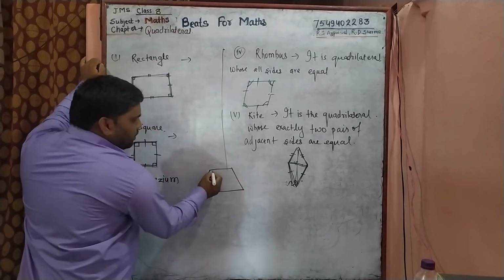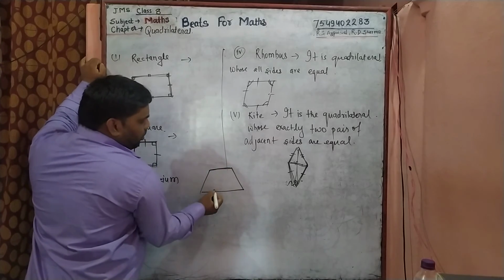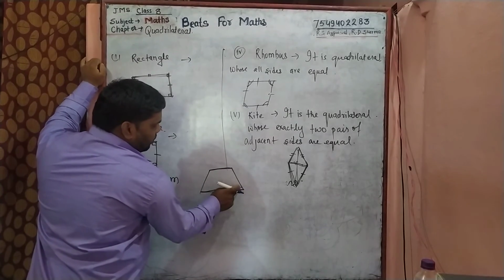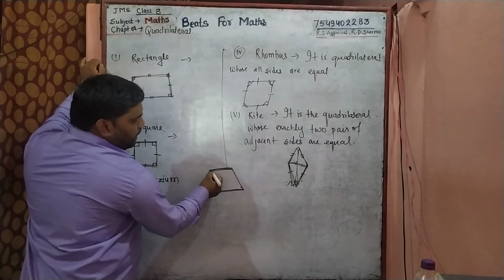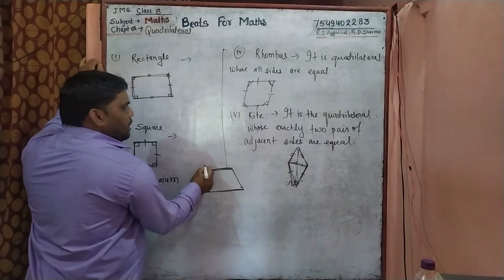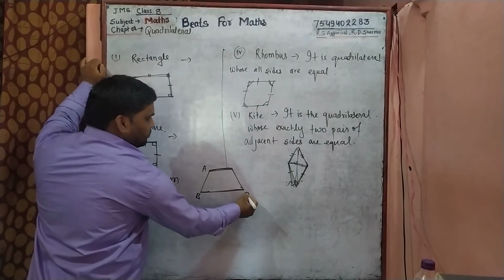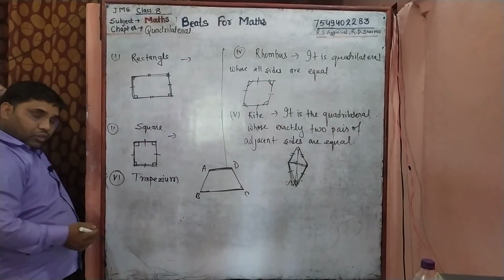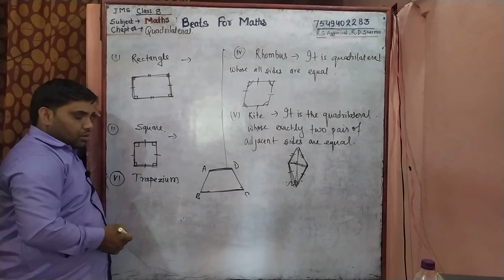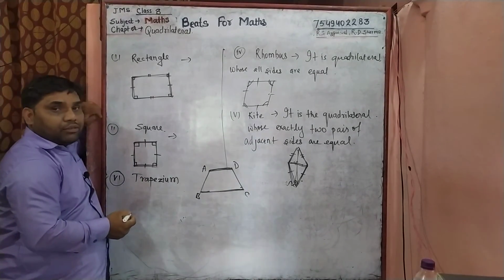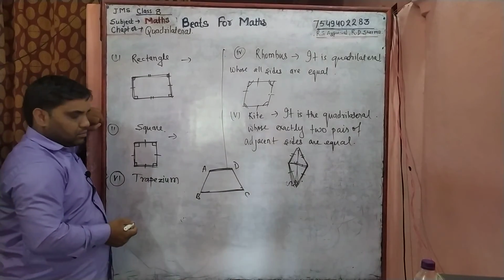A trapezium is a quadrilateral in which exactly one pair of opposite sides is parallel. These two are parallel. This is a trapezium.